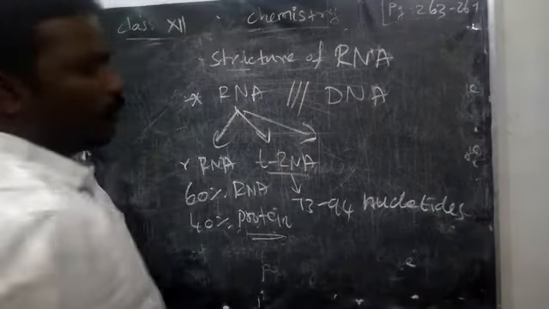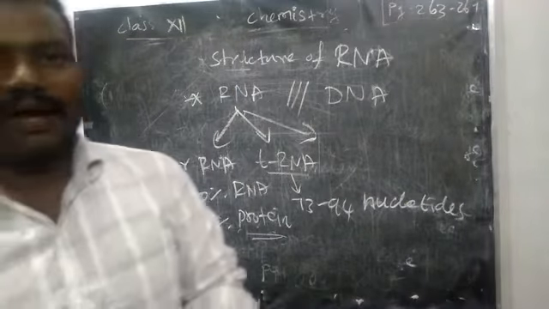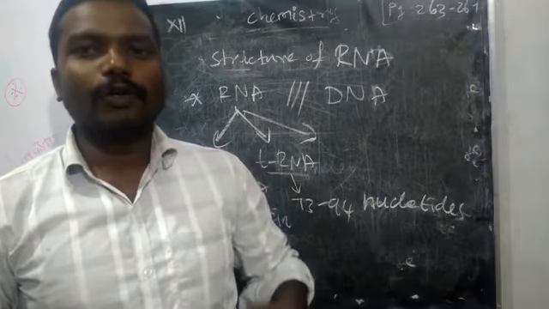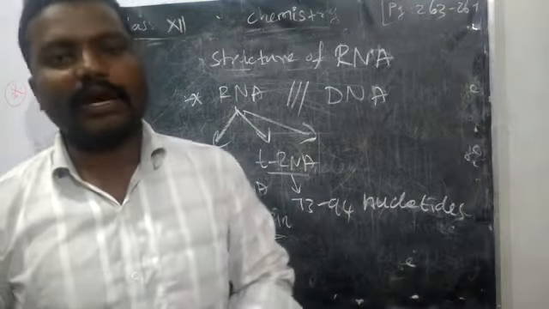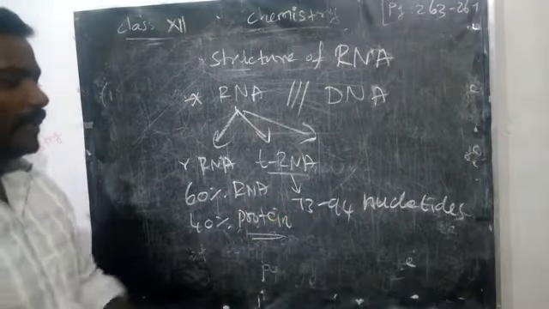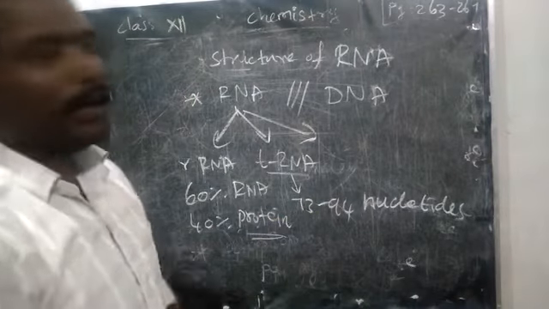Two classes back we studied about nucleosides and nucleotides. We have studied, you know, that nucleotides, we have 73 to 94 in tRNA.